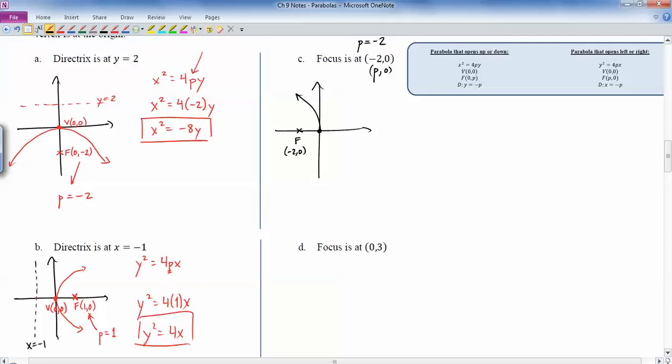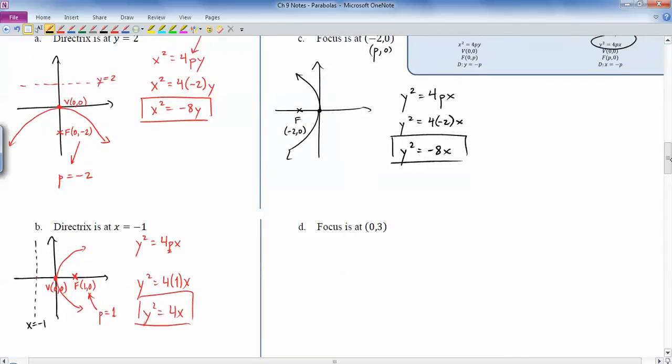So it's got to open like this. It's a sideways parabola. So it opens to the left, and that's going to have this equation. y squared equals 4px. And p is negative 2, so y squared equals 4 times negative 2, times x. I'm doing too much in my head. So y squared is going to be negative 8x. Done. Pretty simple.